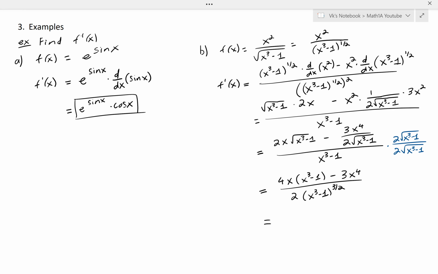Distribute and simplify. So 4x to the 4 minus 3x to the 4 is x to the 4, minus 4x, over 2 (x to the 3 minus 1) to the 3/2. Now, that is the simplest that it can get.